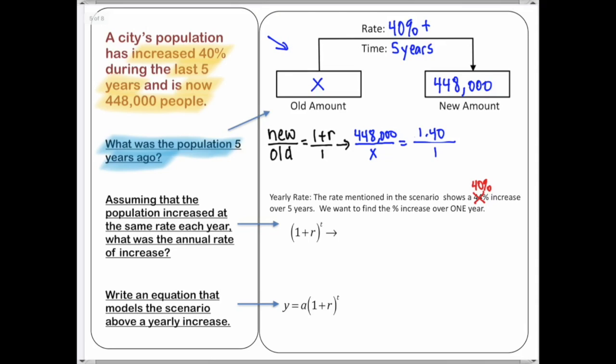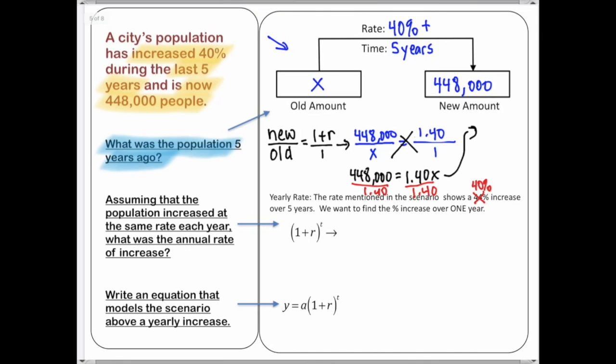And now we cross multiply, and we have to do basically the same thing. And I'm going to divide each side by 1.4 to get away from that x, and so that's going to give me.